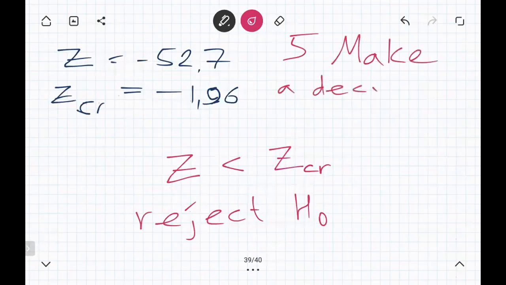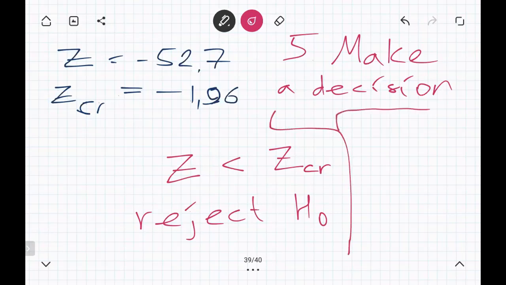And then we have step 6, which is interpret the result. So you have your numbers, and you made your decision. You say, okay, with 5% level of significance, I can say that we reject the null hypothesis. So what I told now is some kind of a mathematical spell.